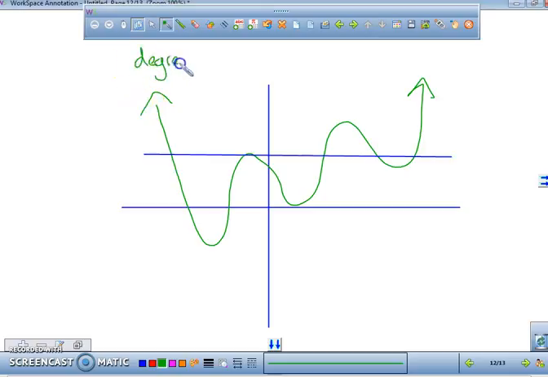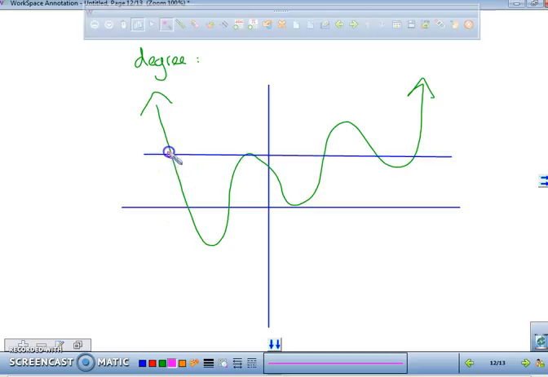I think it's like 6. I feel like 6. Think it's 6? All right, here we go. Right here, we have one right here, right? Yeah. We actually have one here, one there, one there, one there, one there. So 1, 2, 3, 4, 5, 6. The degree of this one would be a 6.